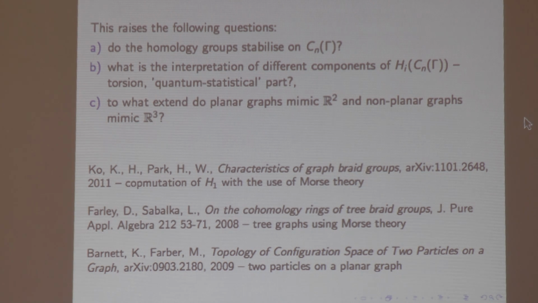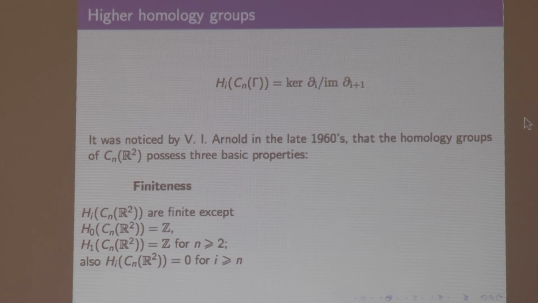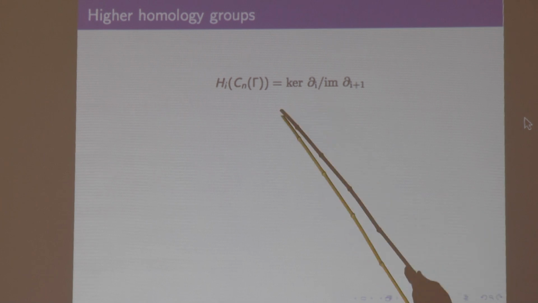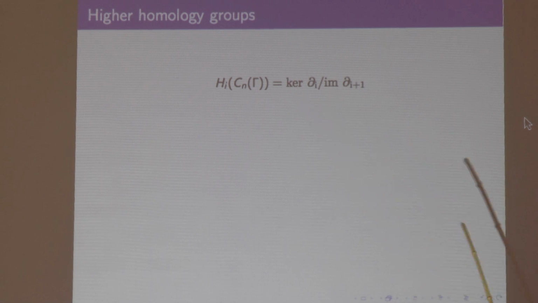Also this is very non-intuitive, so we don't know actually what happens in this Morse theory. And our method gives you the construction of those cycles, so you can see what happens in these spaces. So our project is to compute higher homology groups, which are like higher dimensional cycles in this configuration space.